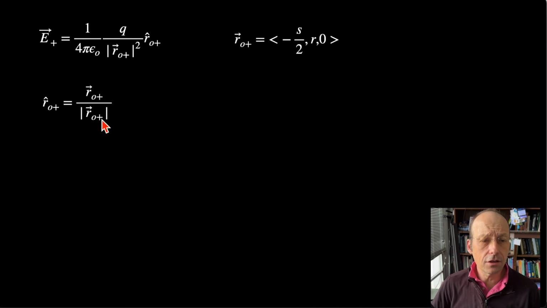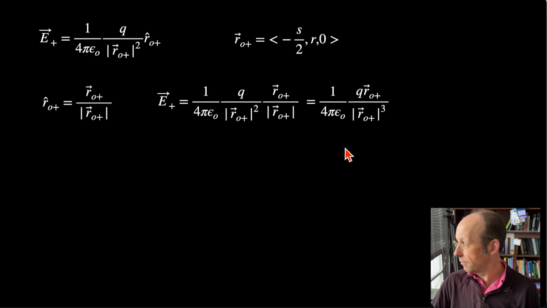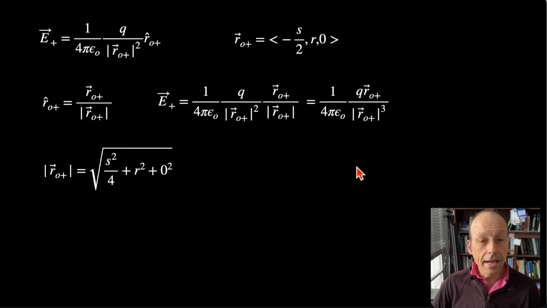So remember that I can define the unit vector as RO plus divided by the magnitude of RO plus. Well, if I put that in over here, instead of that, I'm going to put in this. So I just put this in. And now on the bottom, I have RO plus magnitude squared times RO plus magnitude, and that's just RO plus magnitude to the cubed. But then I have the vector on the top. So this is the same thing. Is that okay? Okay.